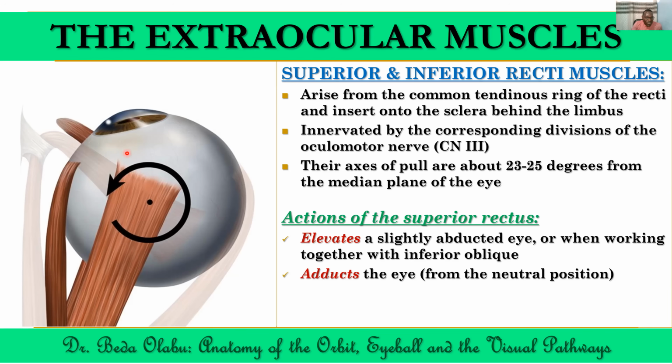If they insert somewhere in front and the superior rectus contracts, or even the inferior rectus contracts, the pupil will go medially, because the axis of pull of the recti is not parallel to the axis of vision of the eye. So contraction of the superior and inferior recti will cause the eye to go medially, and that is adduction. Both the superior and inferior recti adduct the eye because of the mechanism that I've just explained.